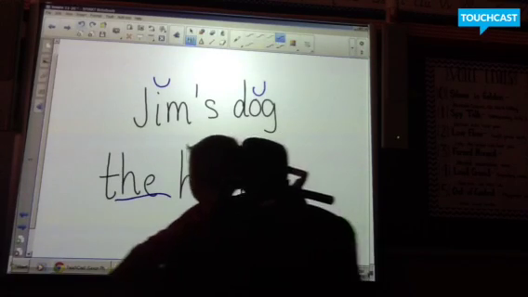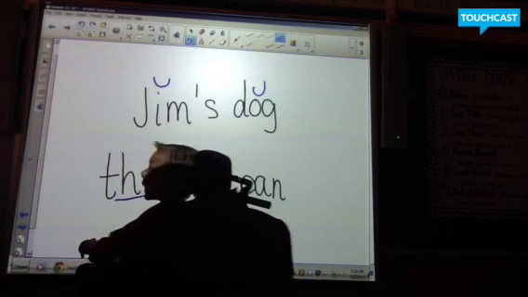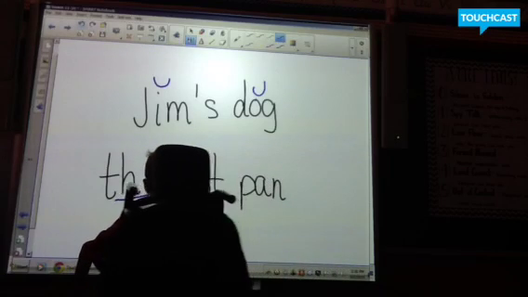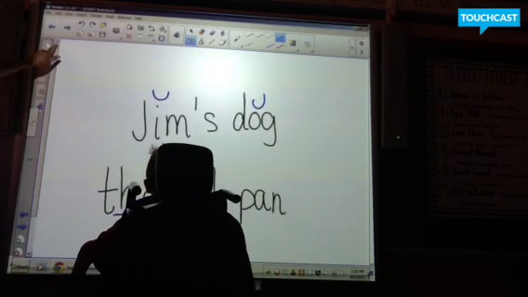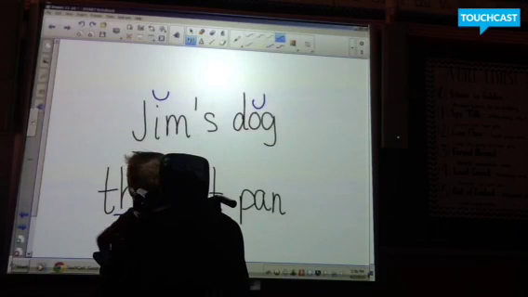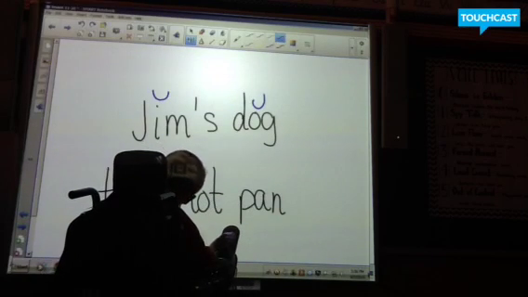An upside down E. It's called a schwa. Can you guys say that with me? Schwa. If you can't make an upside down E, you can make a circle and then put a line through it, and I'll know what you mean. You can do that on your worksheets too. Sometimes it's really hard to make an upside down E.